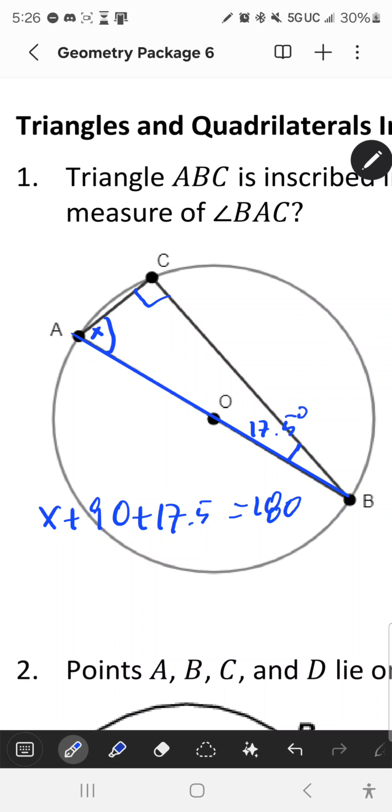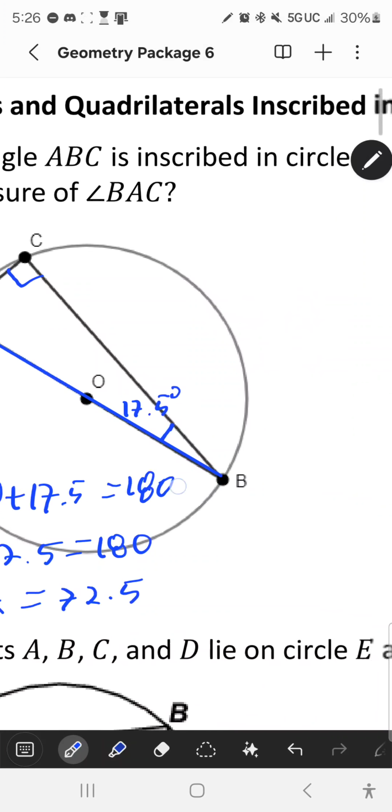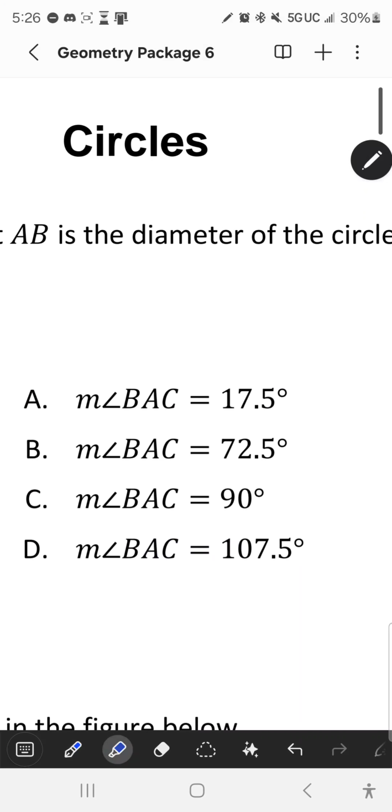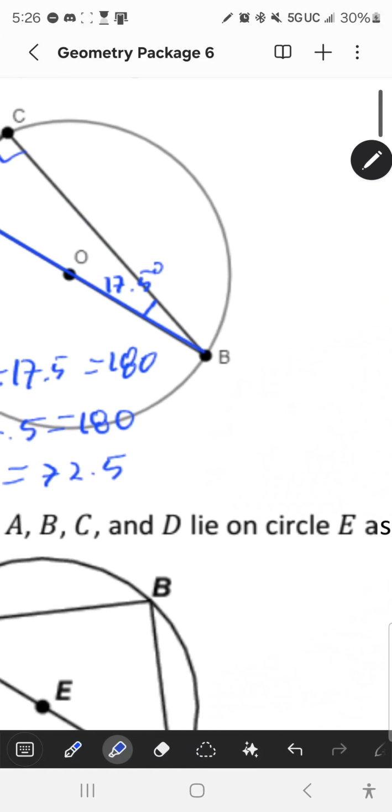So x plus 107.5 equals 180. We take 107.5 from both sides, and x equals 72.5. And this is our answer. I don't know what happened before, whatever.